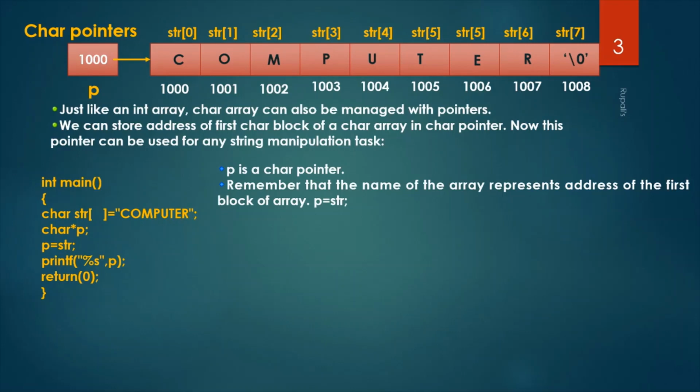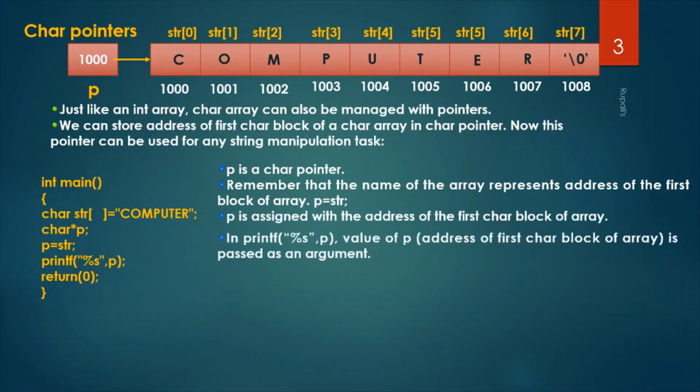Always remember, this thing is very important. When only the name of an array is given, it means the first block address. So when only str is written, it means 1000. I am storing 1000 to P. Now P is assigned the address of the first character block of the array.